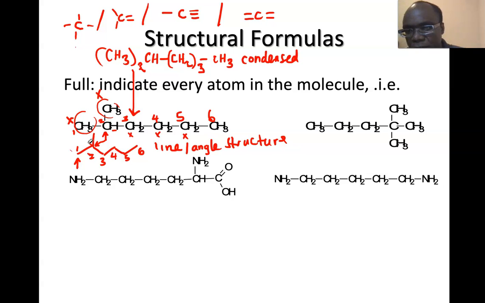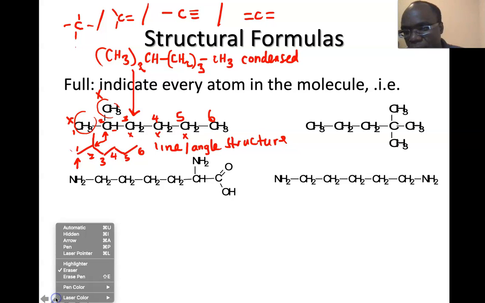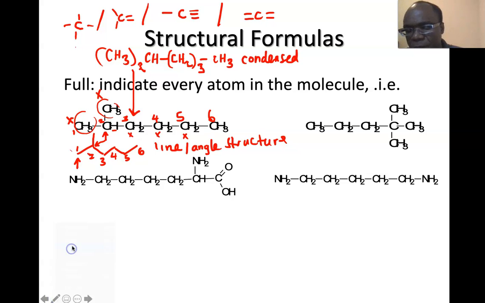You don't need to. In fact, even the carbons we don't need to, because I know the beginning of each line is a carbon. The end of each line structure is a carbon. Where the hydrogens are bonded to oxygen, nitrogen, sulfur, etc., those hydrogens must be shown. For example, in amines, in alcohols, or thiols.